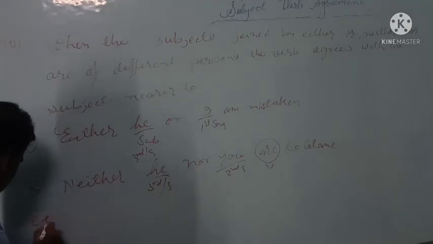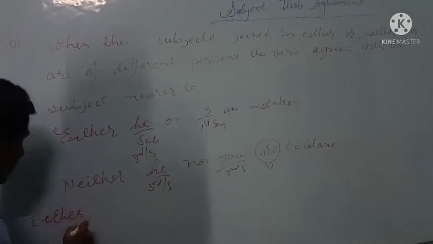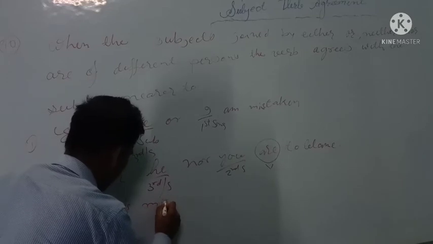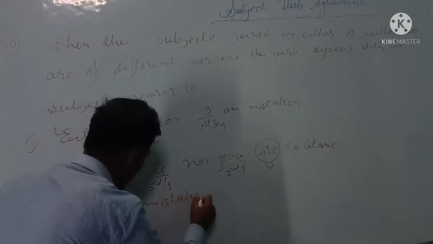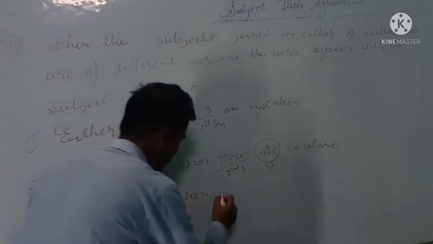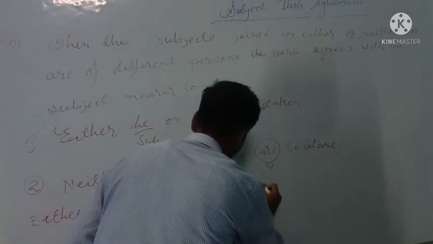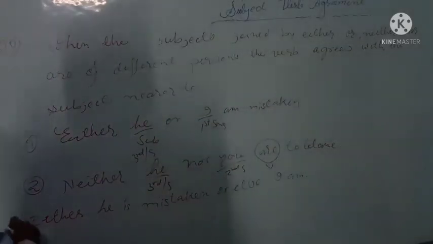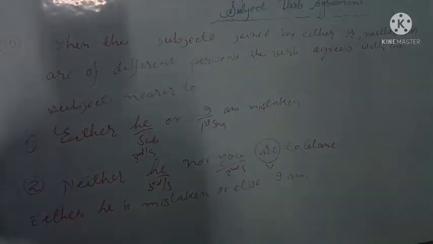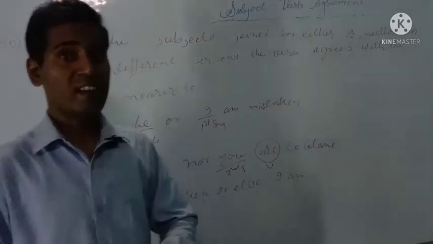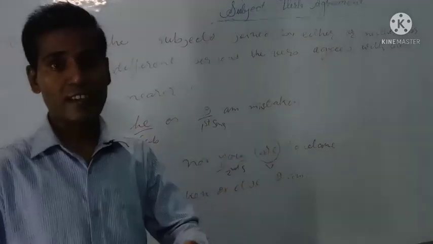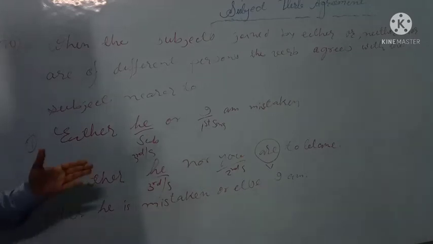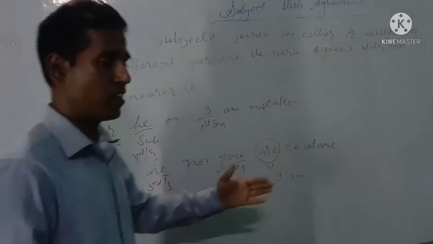Instead of writing either he or I am mistaken, it is better to write, in a more standard way, either he is mistaken or else I am.